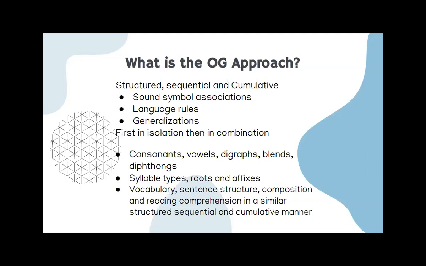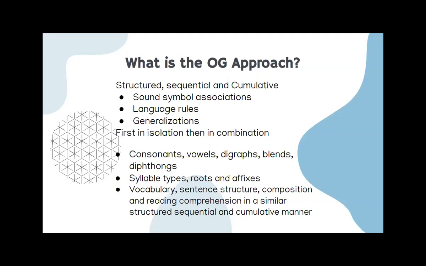The one thing I will say is that during this process of learning the Orton Gillingham approach, I actually did the 60-hour training to be trained at the associate level. And when I did it, I thought to myself so many times, wow, I didn't know this language rule. And how did I ever learn to read without some of this? So it is quite amazing for folks that didn't have this exposure.